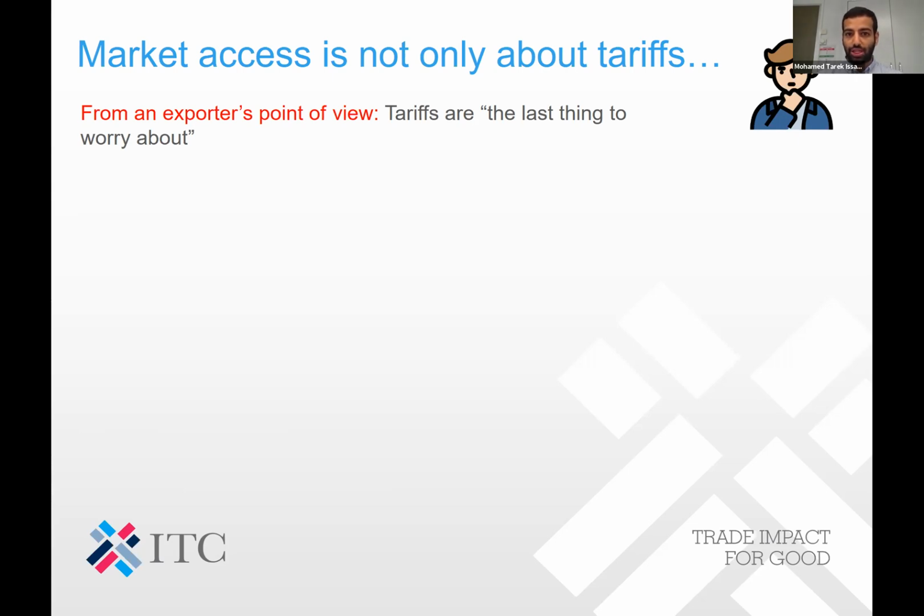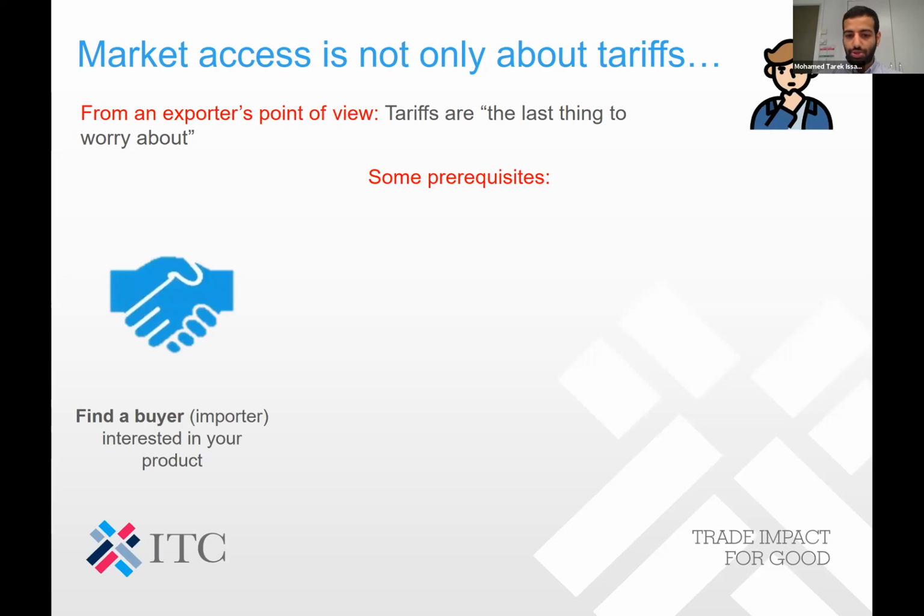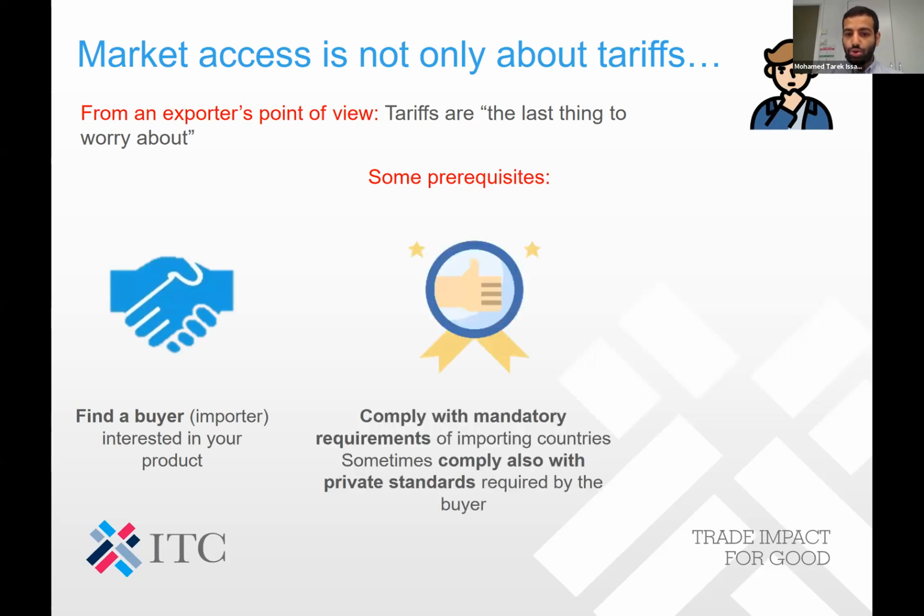But what if I cannot reach this destination in the first place? We have some prerequisites or preconditions in order to be able to access a market. First, I need to have a buyer, someone who is interested in my product. Second, I need to comply with some mandatory requirements of the importing country.